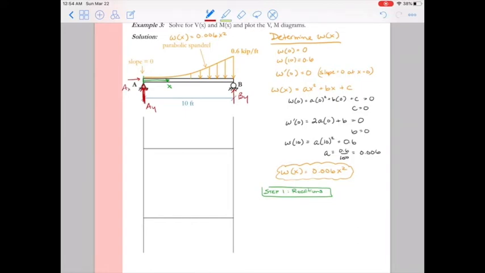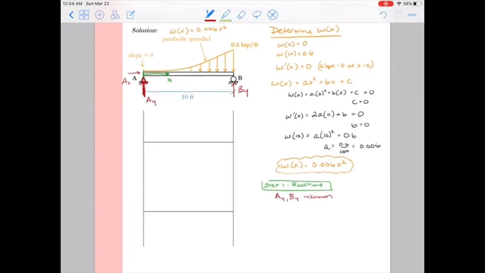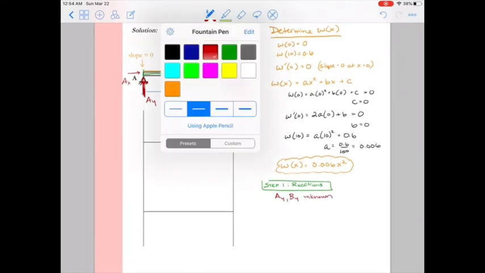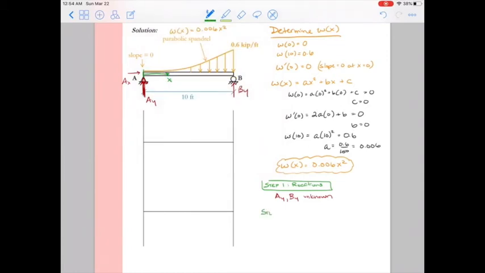But we'll see that if we leave things general, we might be able to figure out what these reactions are in the end. So AY and BY are unknown at the moment and not easily found. AX is 0 because there are no horizontal forces. But I'm going to move on to step 2.